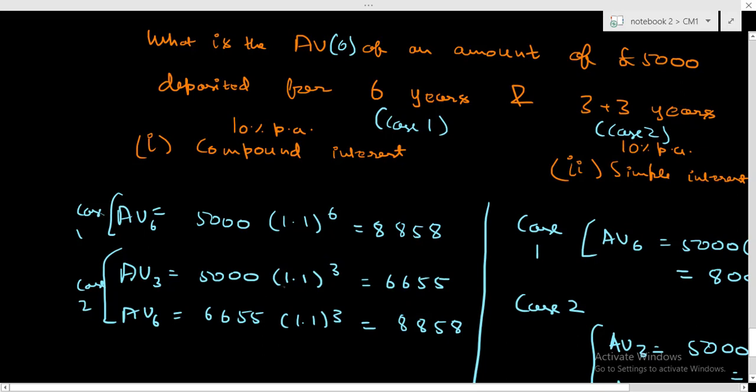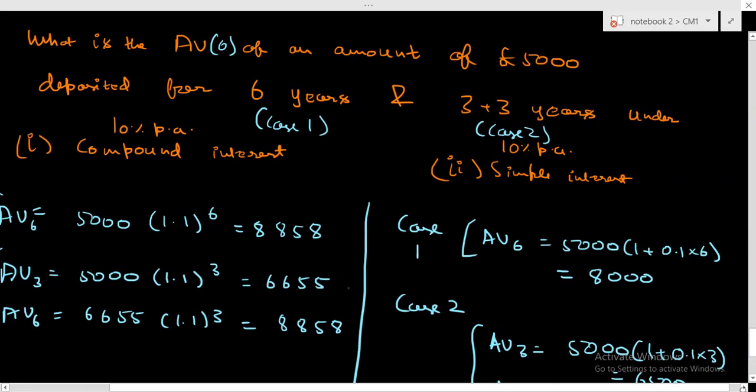So first you invest for 3 years, so 5,000 into 1 plus i to the power of 3, that is 6655, and then again invested for 3 years, it becomes 6655 into 1.1 to the power of 3, 8858 only. So it is just the same amount. It doesn't matter if every time you withdraw and invest again.